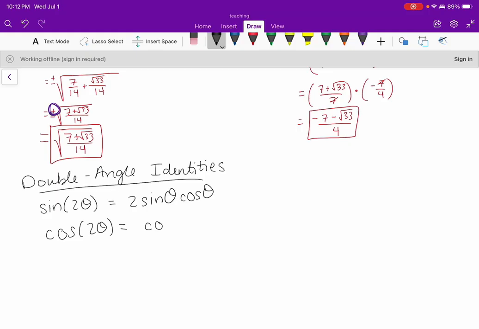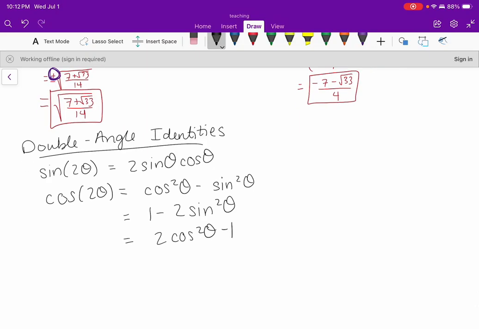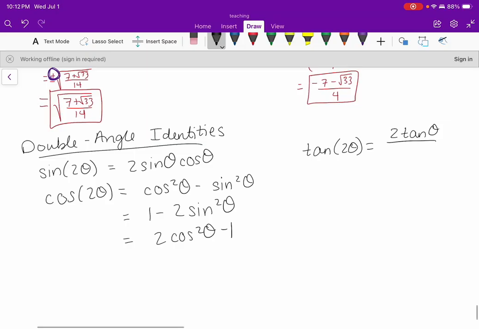You've got cosine squared theta minus sine squared theta, 1 minus 2 sine squared theta, or 2 cosine squared theta minus 1. So this one's kind of like with that tangent half angle where you had multiple options. And whichever one you pick just depends on what you're using it for. Then I have my 2 theta in tangent. It's 2 tangent theta divided by 1 minus tangent squared theta.